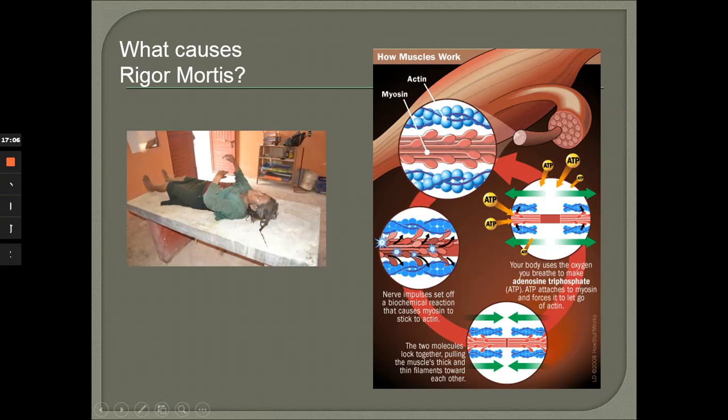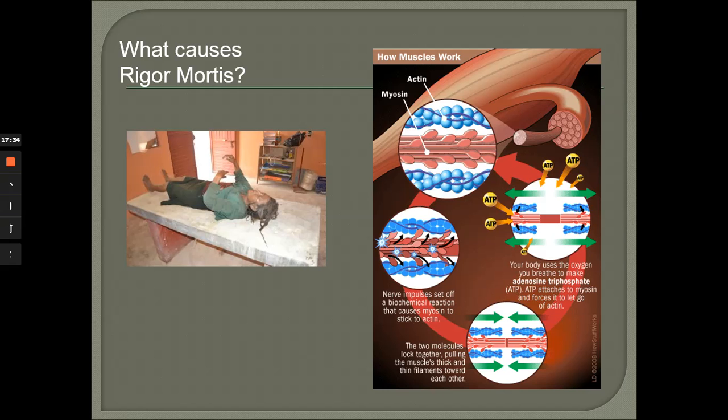Now, just like we talked about Botox and how it related to the neuromuscular junction, there is a phenomenon known as rigor mortis that occurs after death. There are different types of rigor that occur after death in the decomposition process, and this is just one of them.